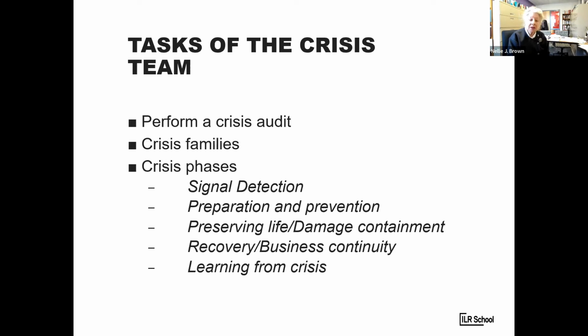Now, of course, you know as well as I do that despite the best planning, prevention, and signal detection, crises still happen. We're going to lower their incidence or severity, but we're not going to be able to prevent all of them. So necessarily, part of our prevention process is going to be planning for recovery and business continuity.